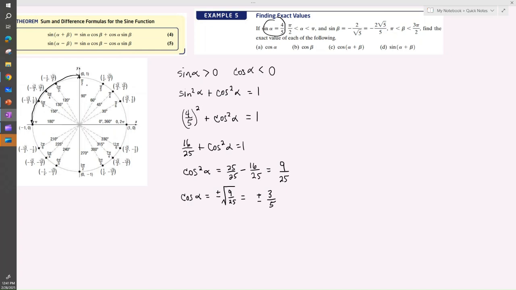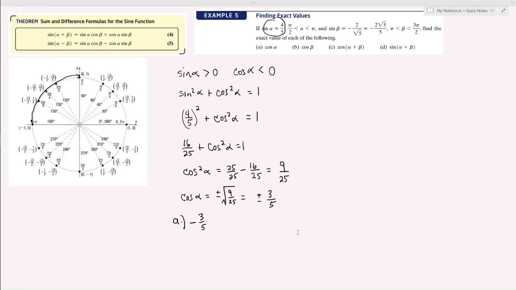It told us where alpha lies, and that's where my cosines are negative. So I'm going to pick the negative result for my answer. So for part A here, we're going to take negative 3 over 5. Okay, looking at part B here, they're asking us for cosine of beta.